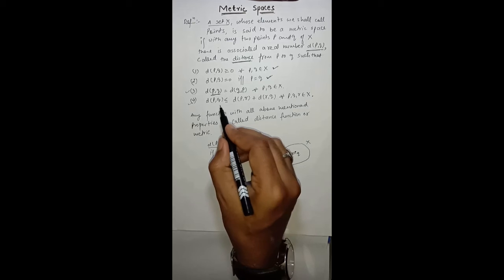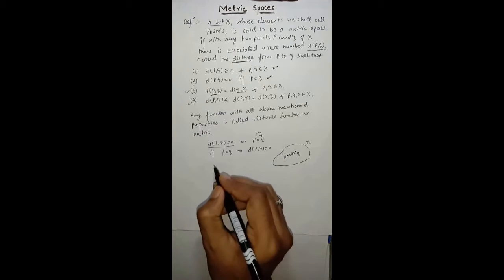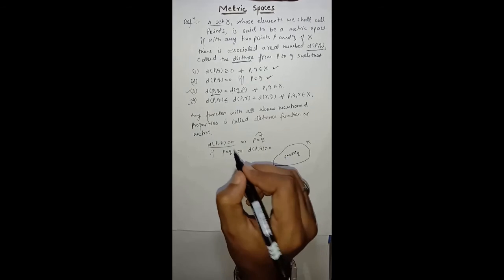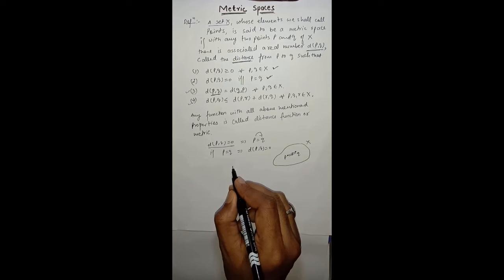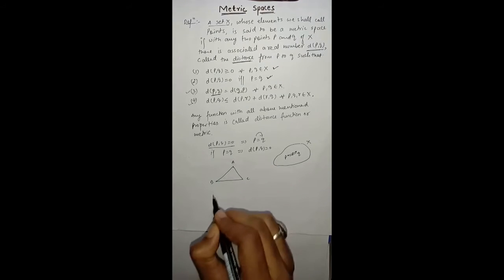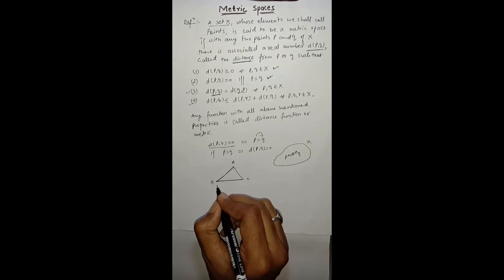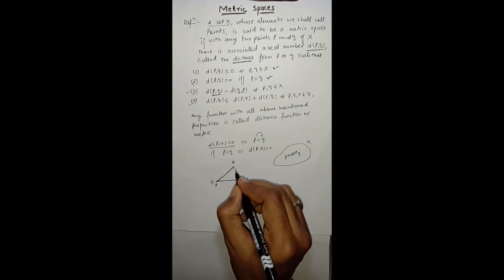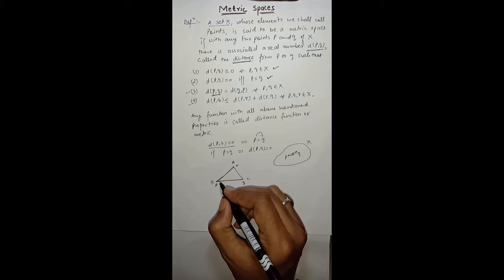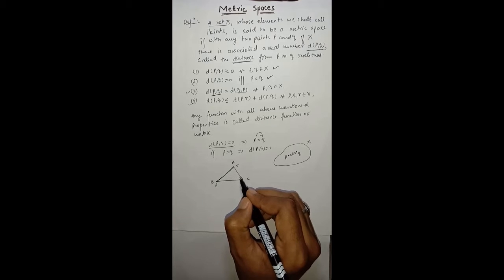And the fourth is the very well known property. This is called the triangle inequality. Frankly speaking, suppose it is a triangle A, B and C, the sum of the lengths of any 2 sides of a triangle is greater than or equal to the third side.